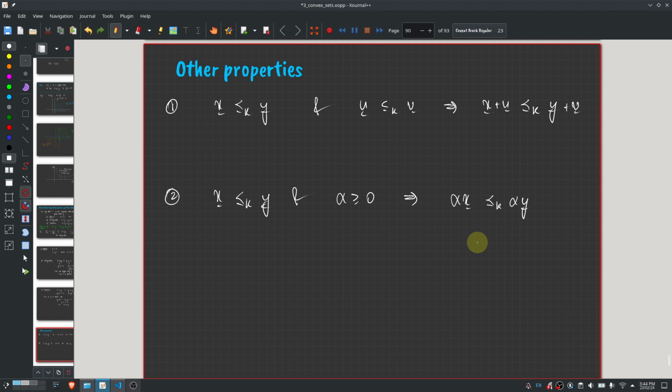Again, this follows just from the property of the cone. So y minus x should belong to the cone, which must mean that alpha times y minus x should also belong to the cone for any alpha greater than or equal to 0, because it's a cone. So alpha x should be less than or equal to alpha y.